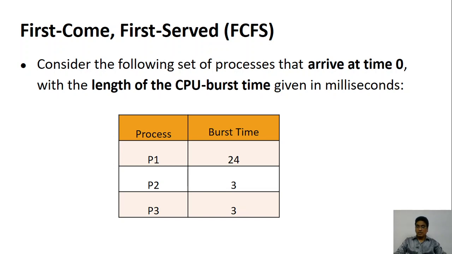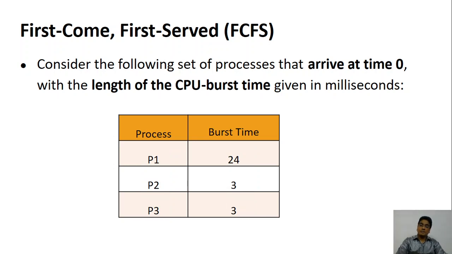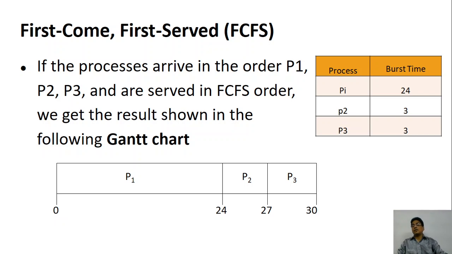Let's assume that we have three processes, namely P1, P2, P3, and that they require 24, 3 and 3 milliseconds to complete their task. How do we use the first come first serve algorithm?